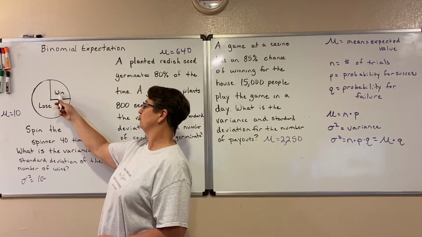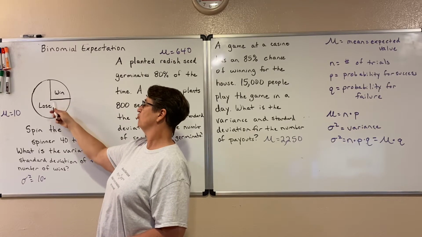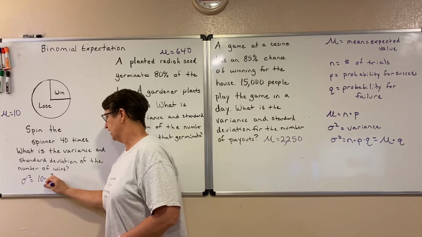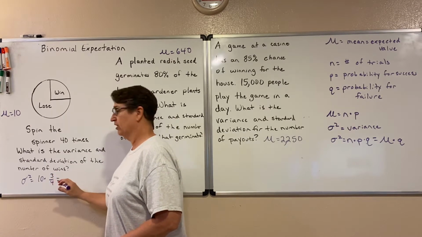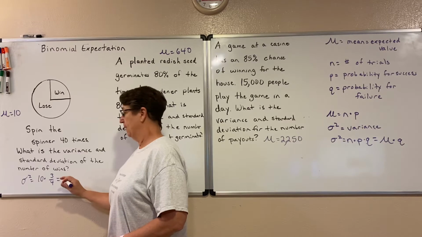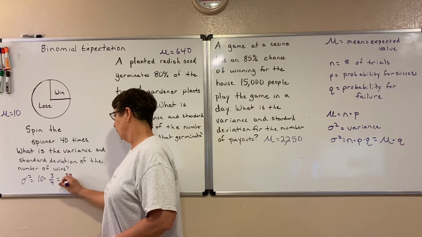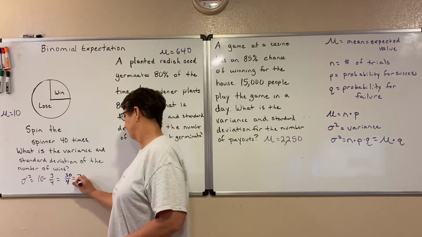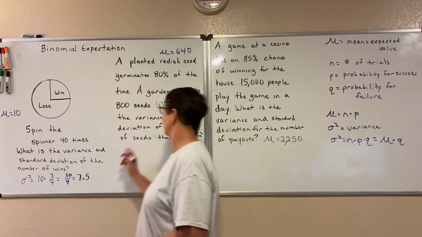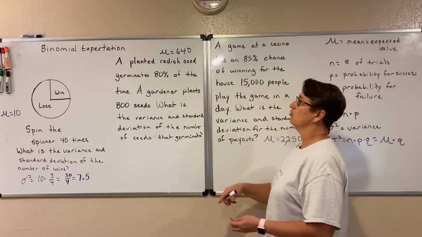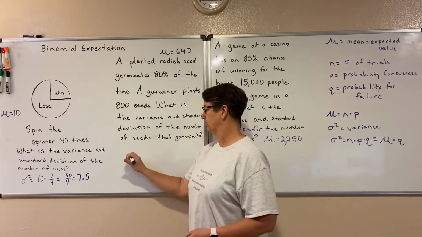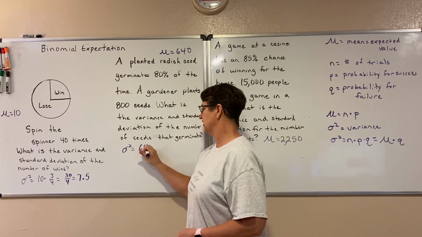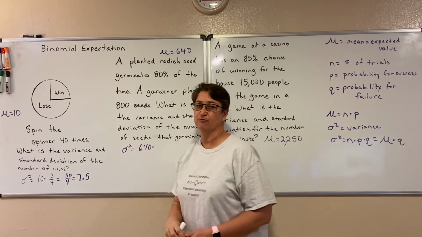The probability to win was 1/4, so the probability for failure is 3/4. 10 times 3/4 is equal to 30 over 4, or 7.5. For the seeds, we found our expected value to be 640, so our variance is 640 times the probability for failure.